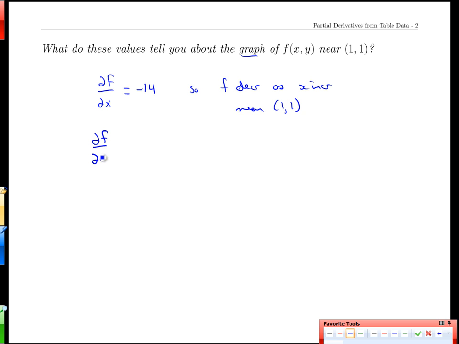We won't get fussy about where that region is, but there will be a region around that point where f is going to go down every time we take a step towards positive x's. And likewise, this positive partial derivative here means that as y increases, the function is going to increase as well. Again, that applies near the point 1, 1 where these calculations were based.